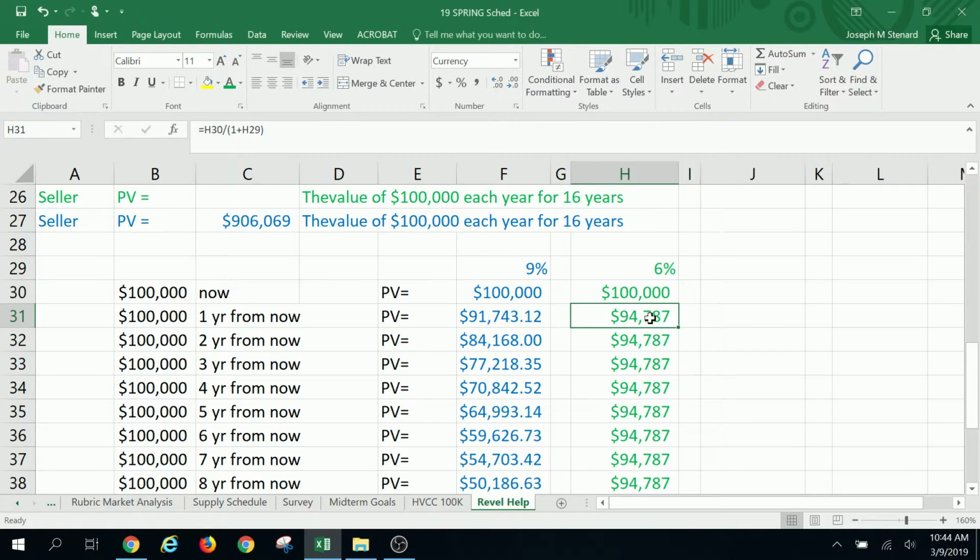The present value at 6% of that $100,000 a year from now is $94,000, where it's only worth $91,000 to a person using a 9% discount rate. It is worth more to a person using a 6% rate. This might explain why the seller was willing to sell and the buyer was willing to buy.